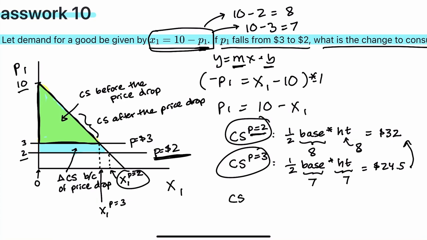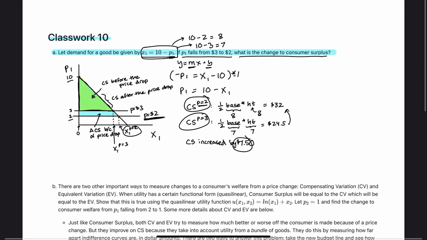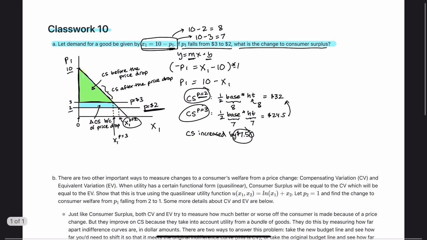Our consumer surplus increased by 7.5, and the unit for consumer surplus is dollars. So $7.50 is the answer I'm looking for there. Okay, so that sums up part A of this classwork. Now let's go on to part B.